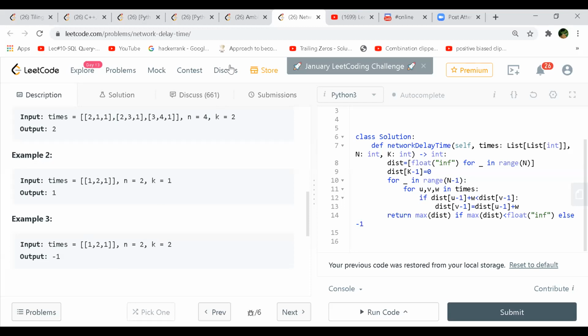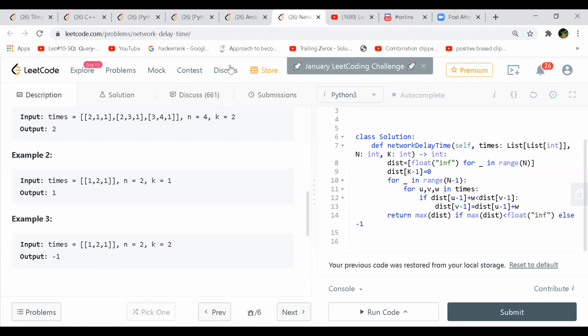So 1 is the u in this example. The first one is u, the second is v, and the last one is w. And it's -1 because there's no outgoing edge at node 2.